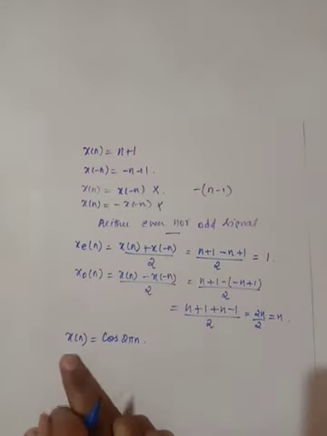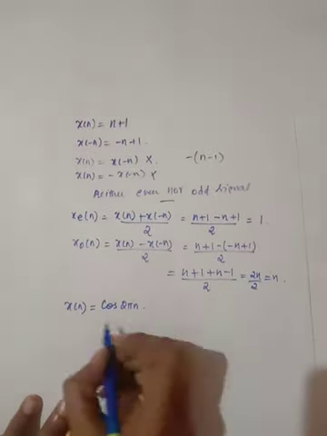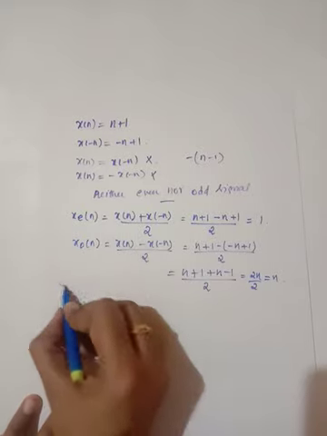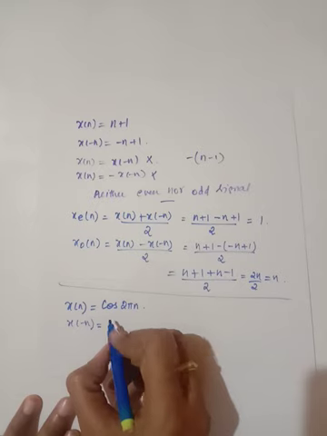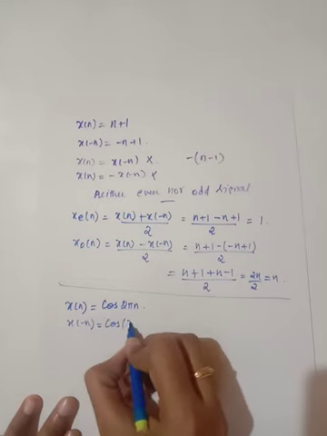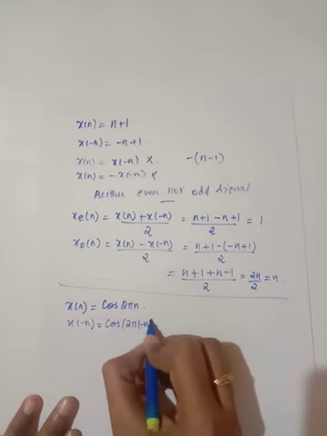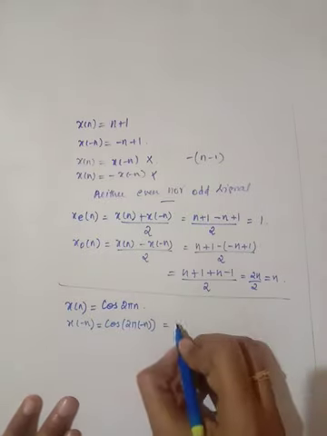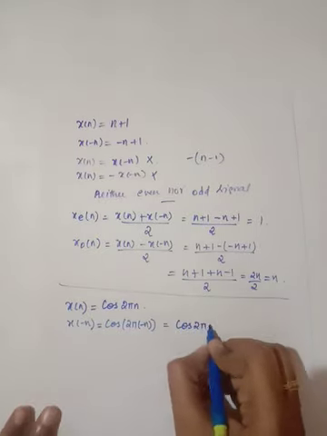Now consider the next signal. x of n is equal to cos 2 pi n. So first I am finding x of minus n. Okay, so x of minus n. So here it is cos of 2 pi into minus n. You know that cos of minus theta is cos theta. Okay, so I will get cos 2 pi n in this case.